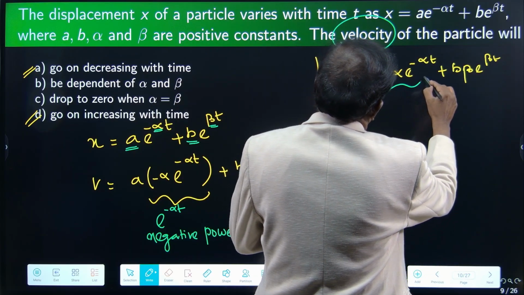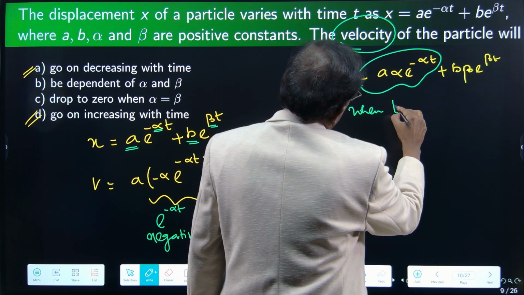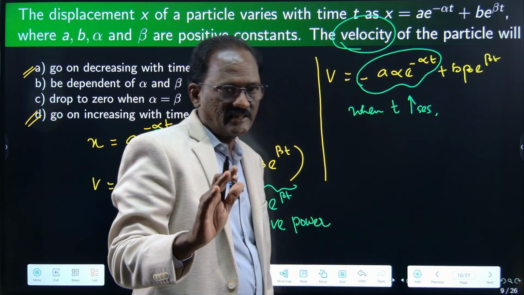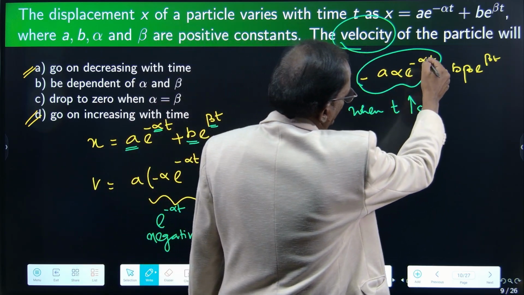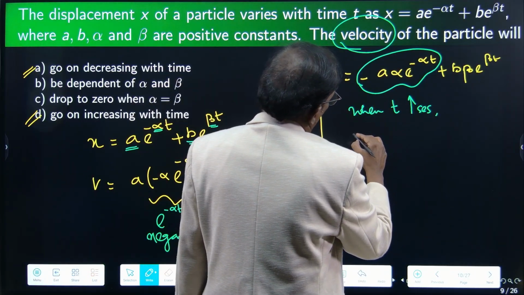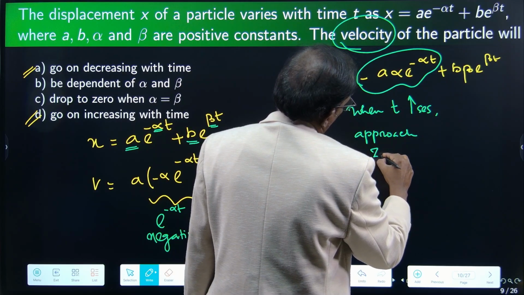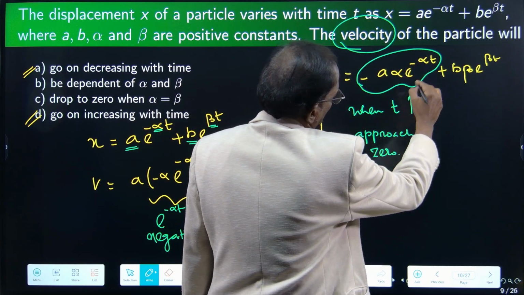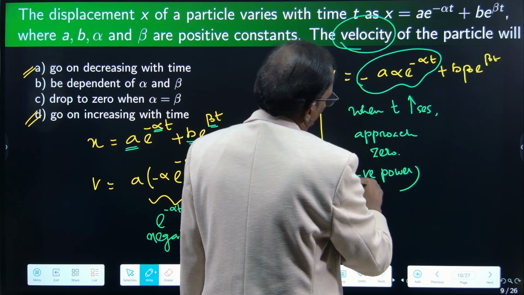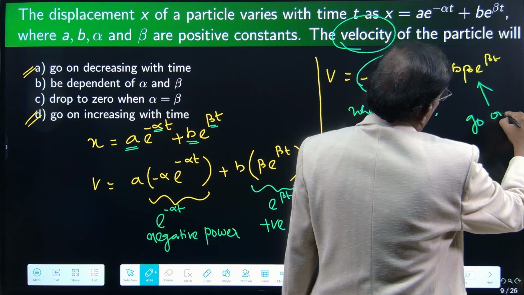When t increases, t will always increase, we know it. Mathematically, when t increases, this first term will approach 0 because of the negative power. This term will go on increasing.